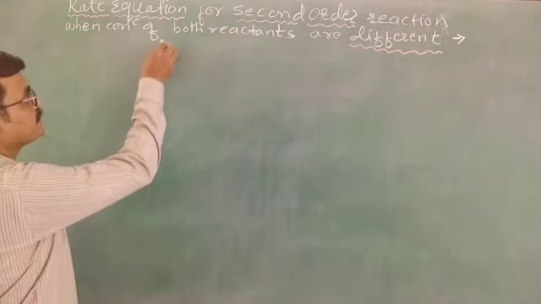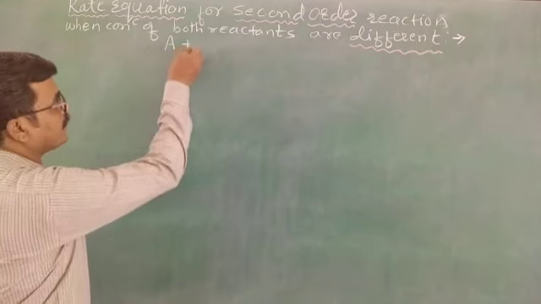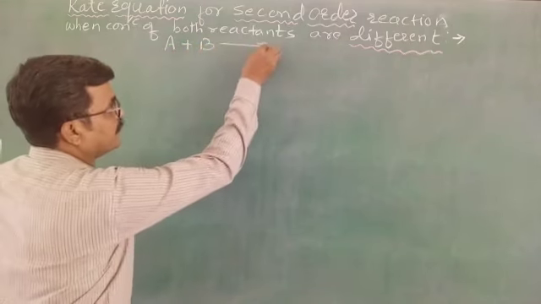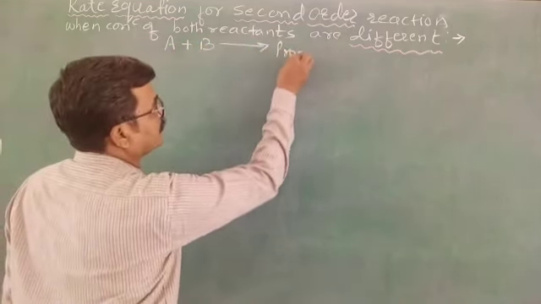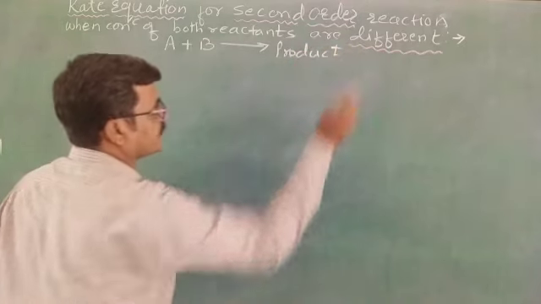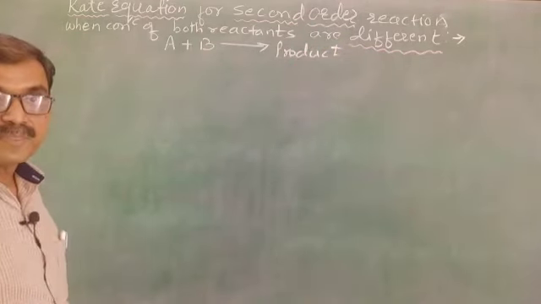Now consider a general reaction of the type A plus B gives product. Let me consider this is a second order reaction.